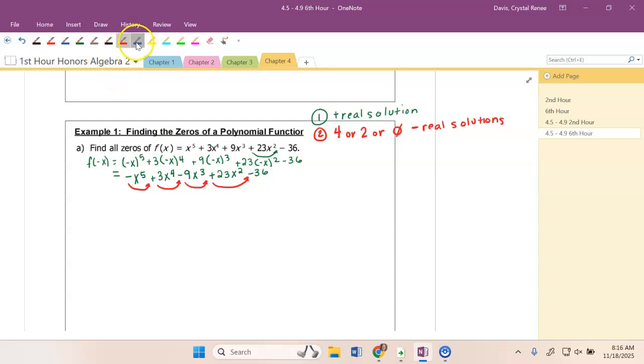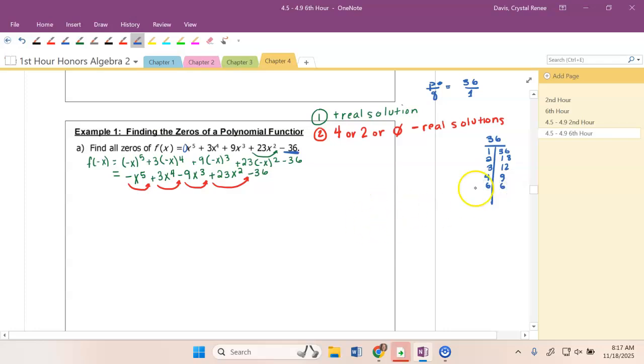Remember the possible zeros are P over Q, or any factors of 36 over factors of 1. So essentially we want the factors of 36: 1 and 36, 2 and 18, 3 and 12, 4 and 9, 5 doesn't go into it, 6 and 6.